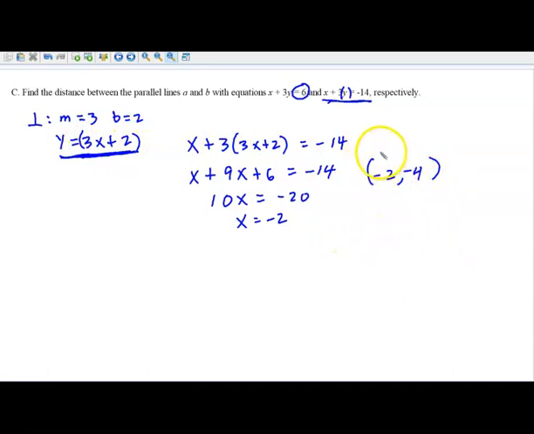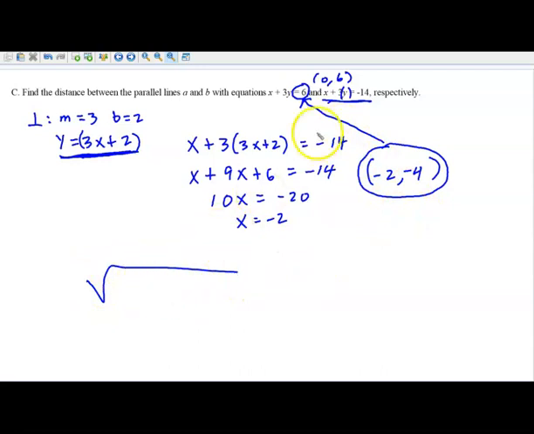And so now we want to know the distance between this point and 0, 6, which is the y-intercept of that other line. All right, so think 0, 6, negative 2, negative 4, so the difference between the x's and the difference between the y's.